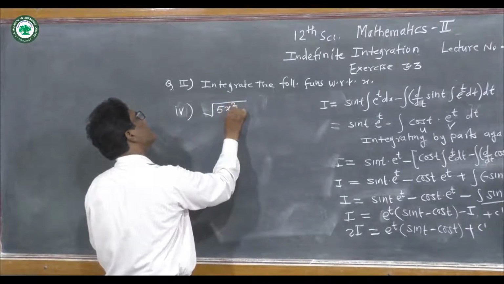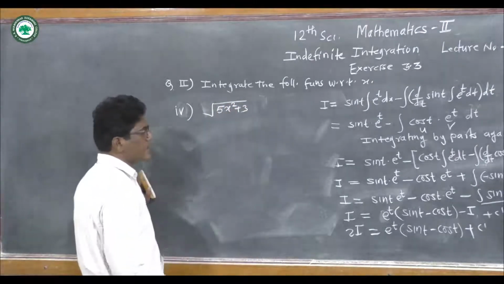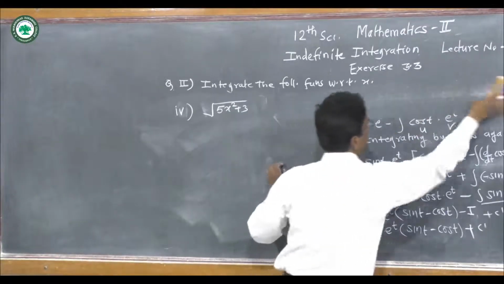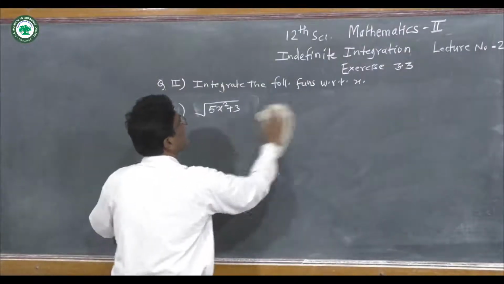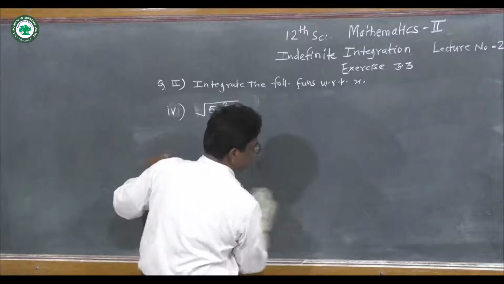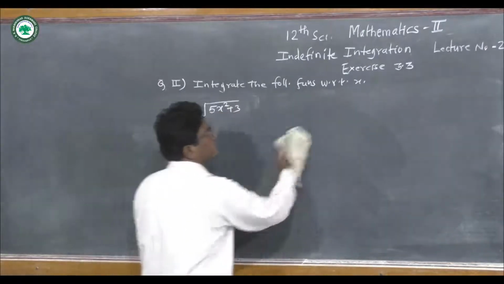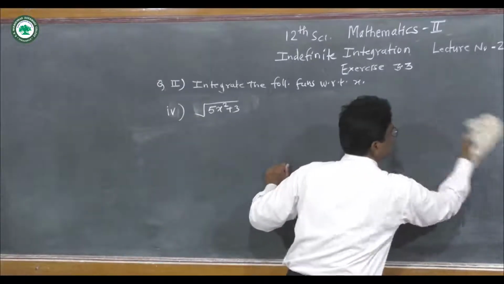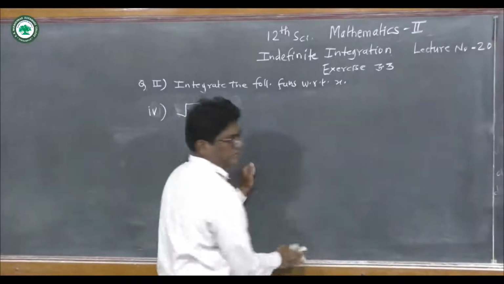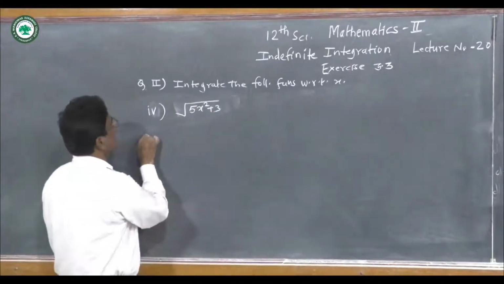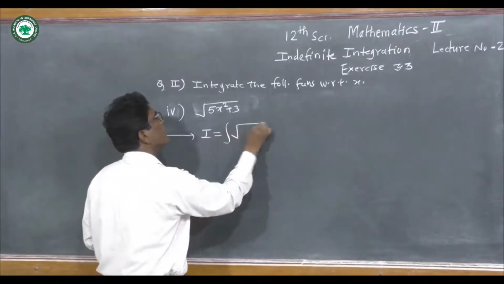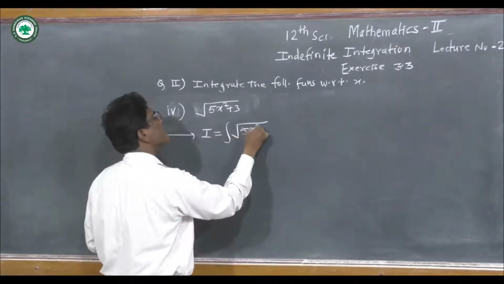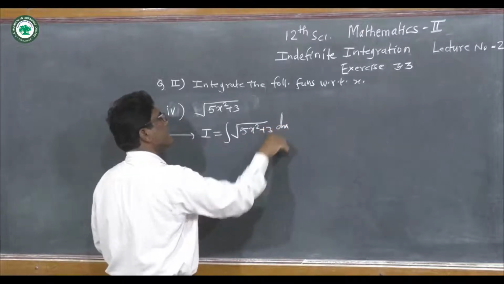Call this as I. So I is equal to integration of under root of 5x square plus 3 dx.